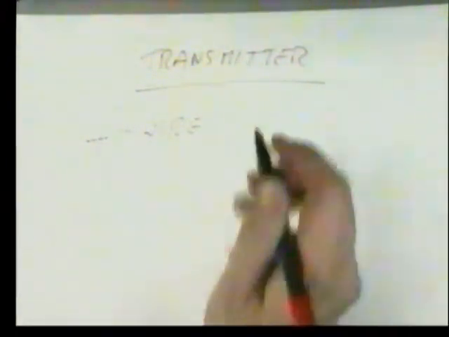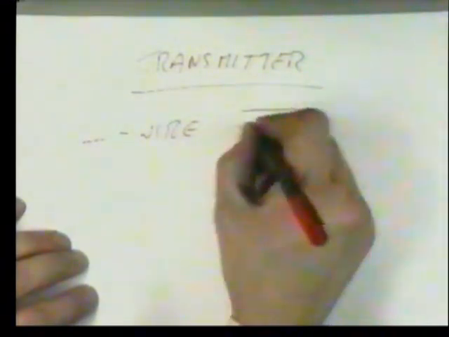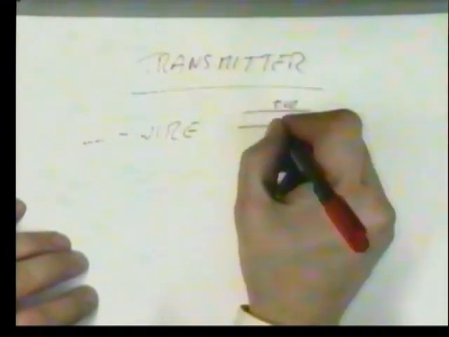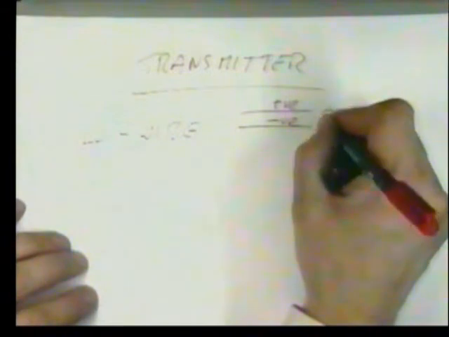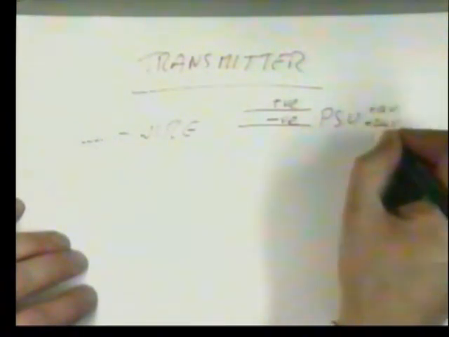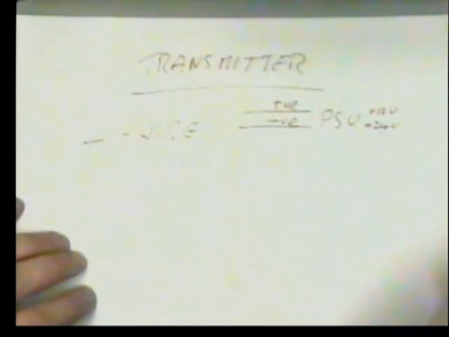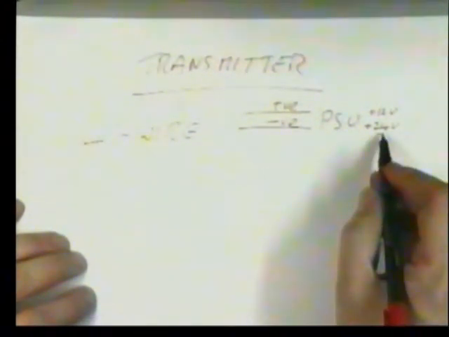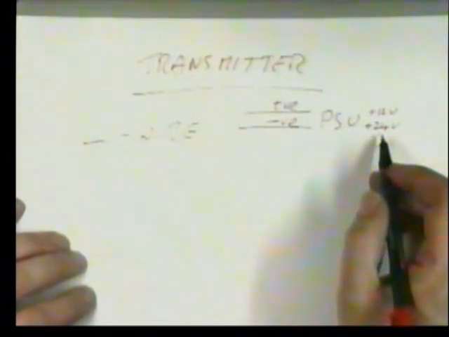So if we look at a picture of a 4-wire transmitter, two of the wires are the power supply, PSU, power supply unit, typically plus 12 volts or plus 24 volts. More commonly it's 24 volts. 24 volts is a very common power supply voltage to use for process plant and factory automation.